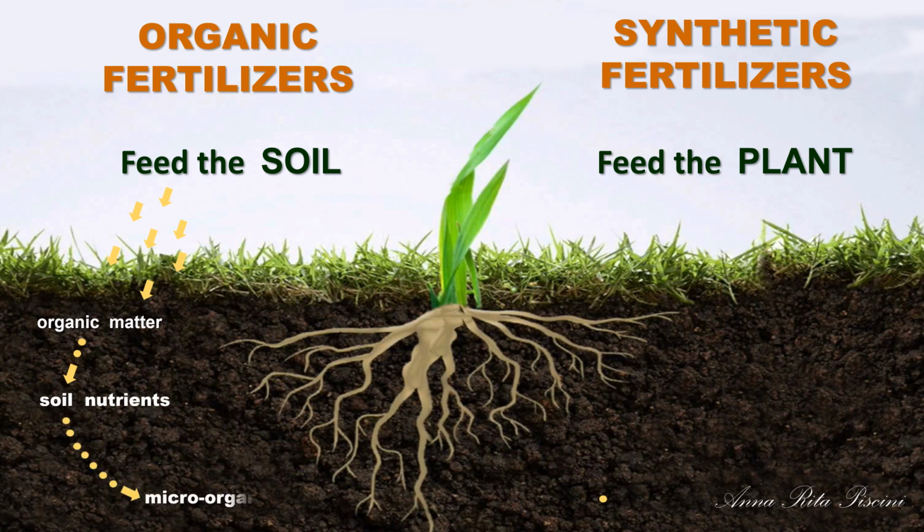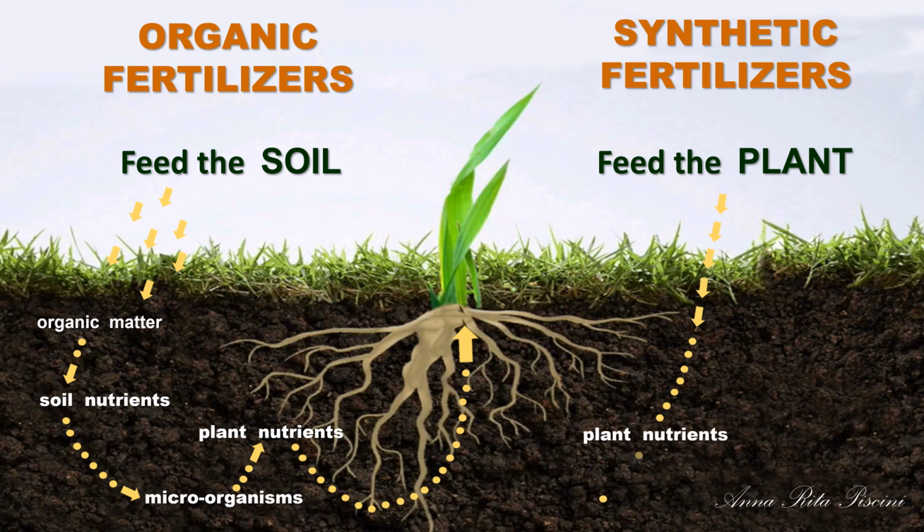These nutrients enhance the proliferation of microorganisms which produce the nutrients for the plant. On the contrary, when we use synthetic fertilizers, we provide the plant directly with the necessary nutrients.